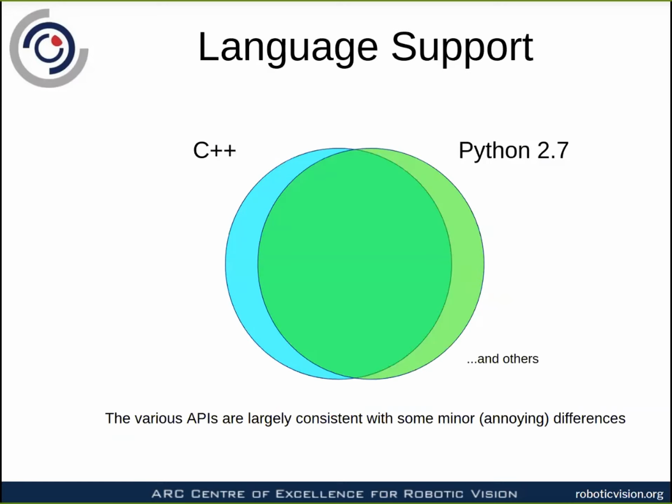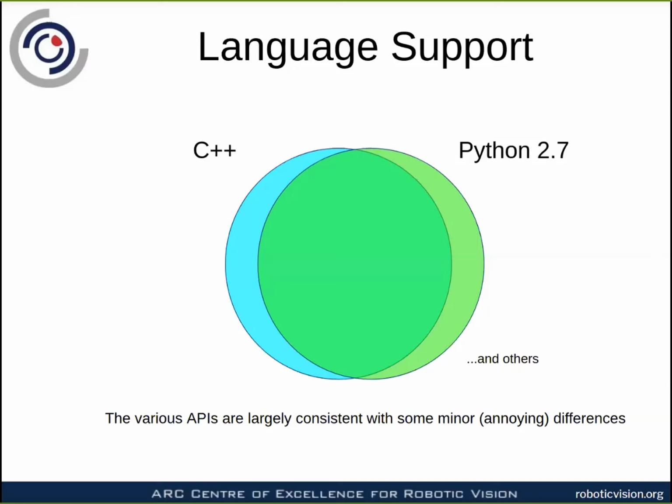So fundamentally, there's two main languages that are used for development with ROS. That's C++ and Python. So in ROS1, the main language for Python is Python 2.7. And there is a lot of overlap between the two APIs for these languages because they are developed independently of each other. There's not a shared library that they build on top of.